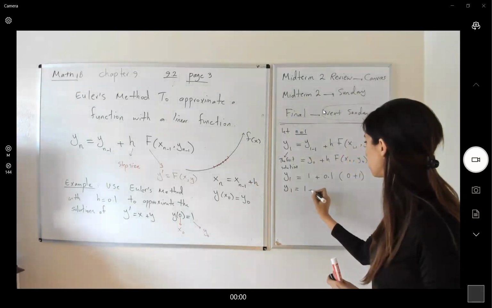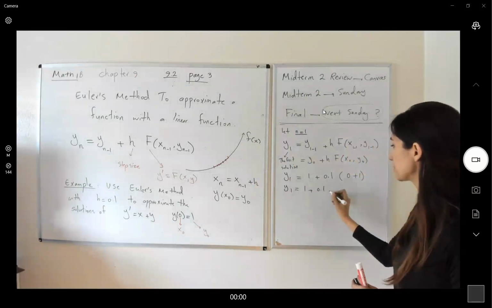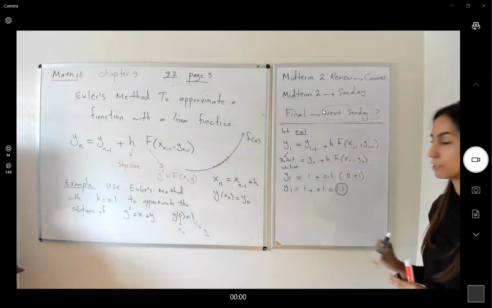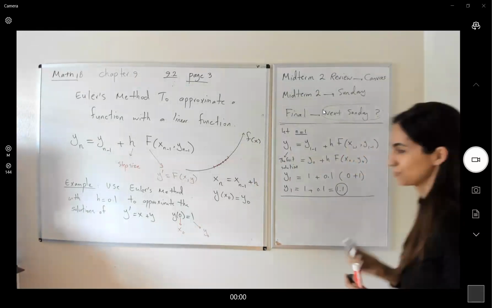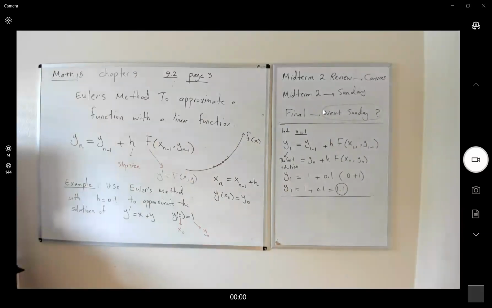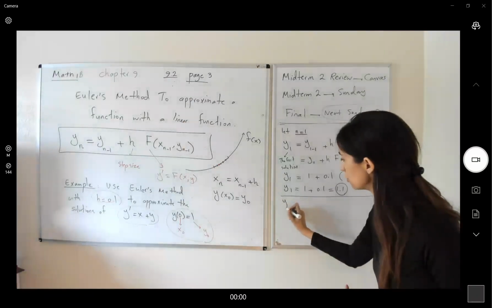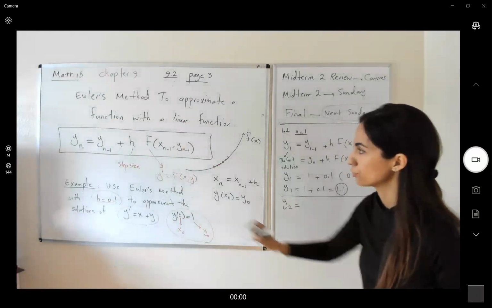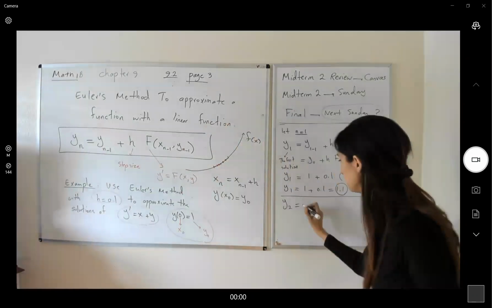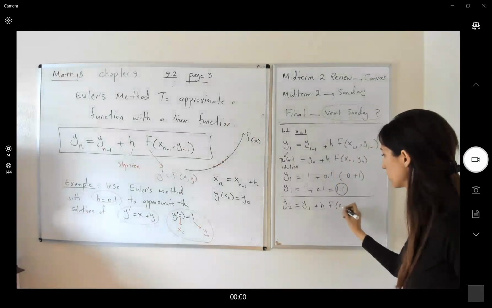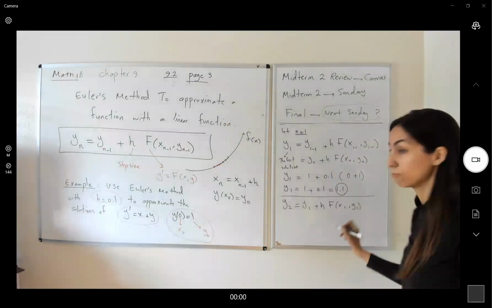Y1 is 1 plus 0.1 times 1, we have 1.1, the very first solution. So y sub 2 is equal to y sub 1 plus h f of x sub 1 y sub 1.